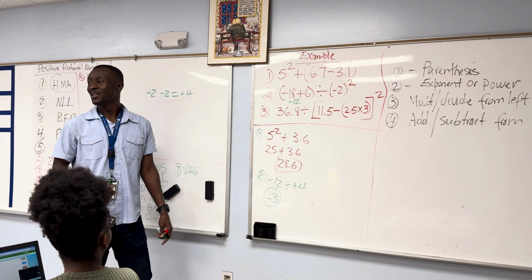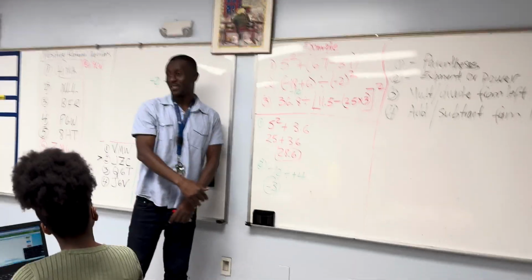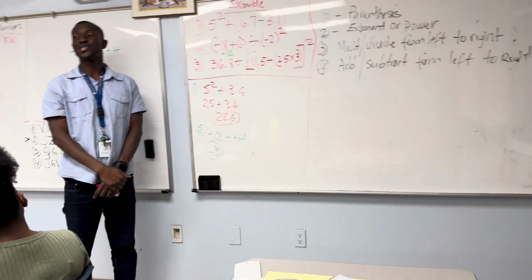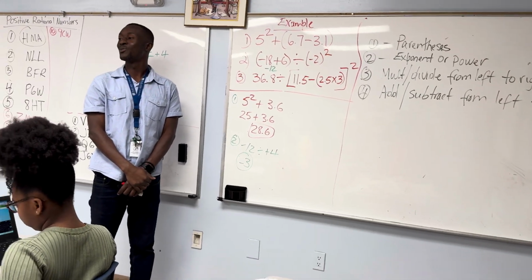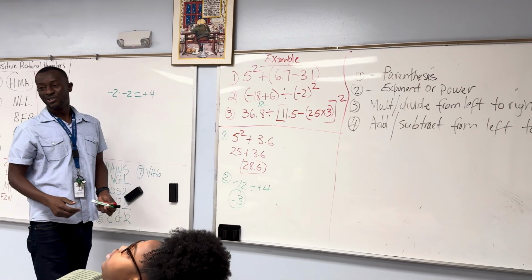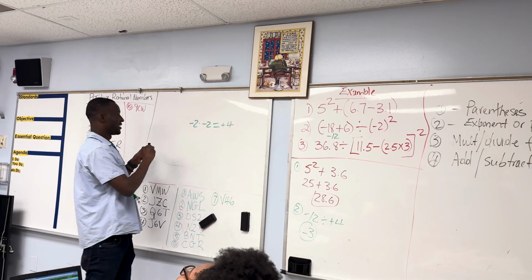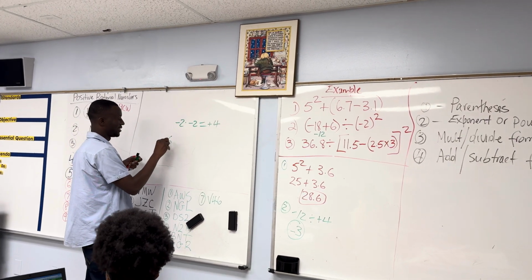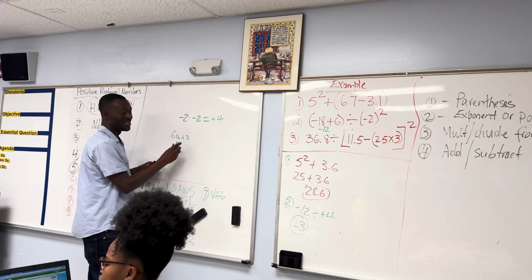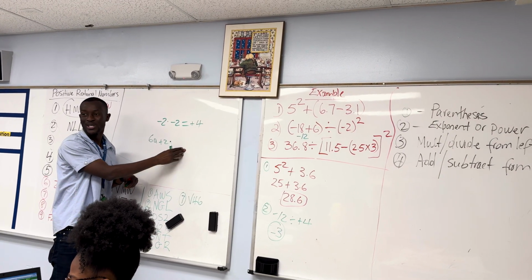In numerical expressions, we only deal with numbers and operations. For algebraic expressions, we have variables, what we call unknowns. An unknown could be any letter, like A. Let's say we have 6A plus 2. That is an algebraic expression.